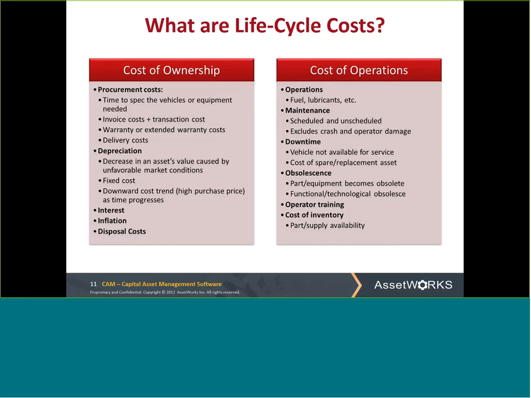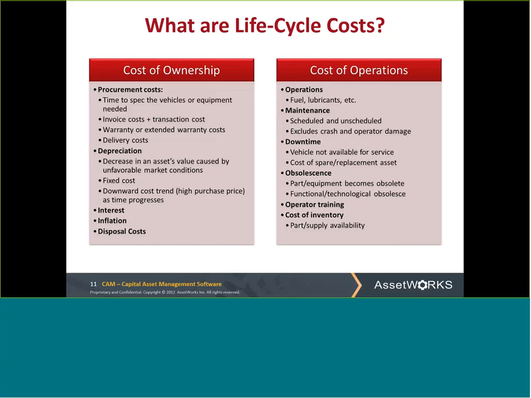Downtime, though, is something that we want to factor in, and actually becomes an interesting way to influence the life cycle cost analysis, because over time vehicles are out more frequently and they're down longer, and there is a cost to that, and we want to be able to factor that in. Cost of obsolescence that we can directly attribute to the vehicle, we want to include.